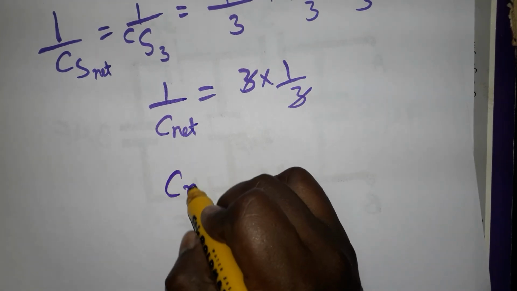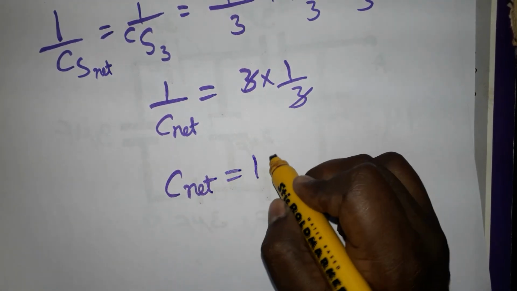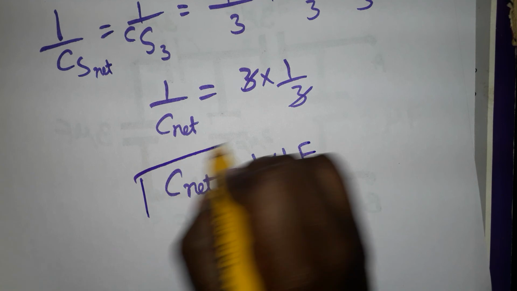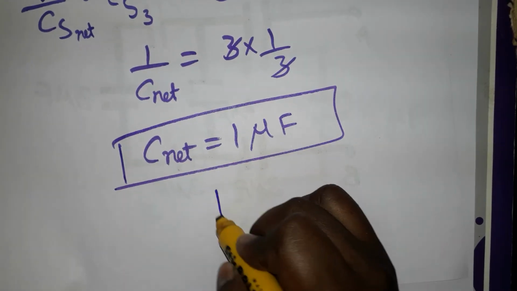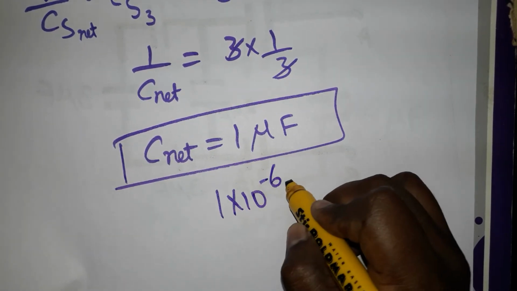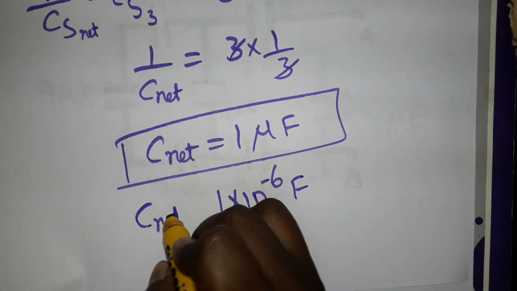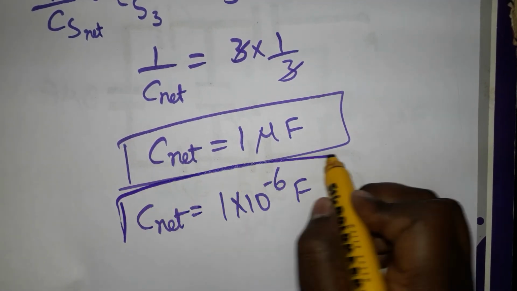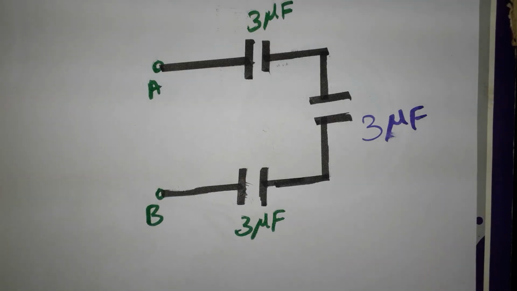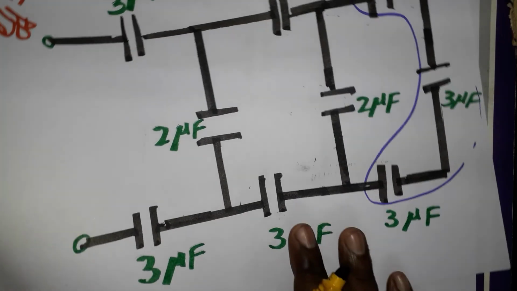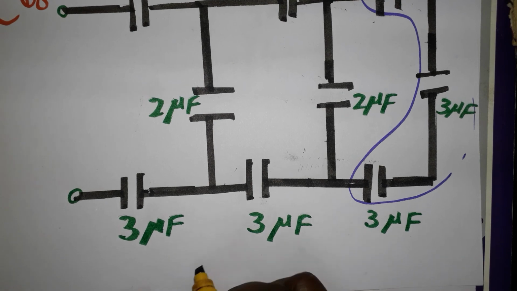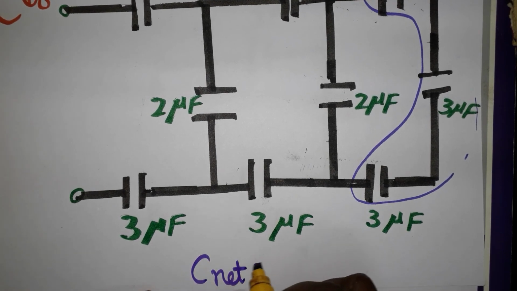C net value is going to be 1 microfarad. It's very simple. 1 microfarad is 1 into 10 power minus 6 farad. The net value will be 1 into 10 power minus 6 farad. I got the answer for the circuit. This total answer is 1 microfarad. C net is equal to 1 microfarad.